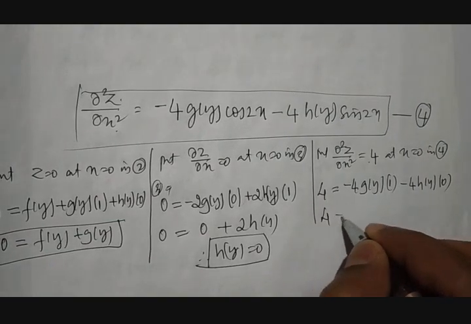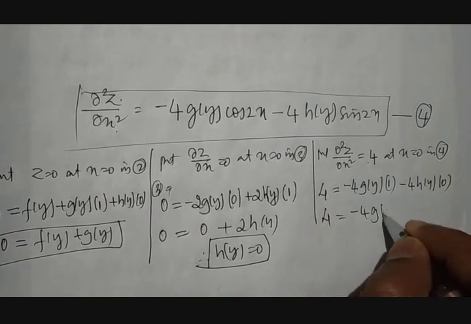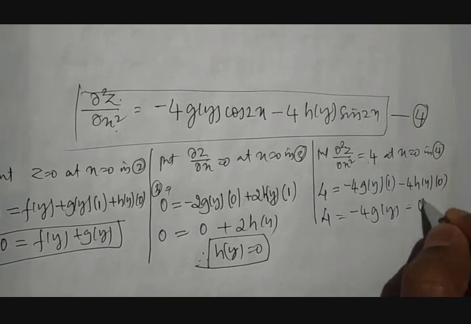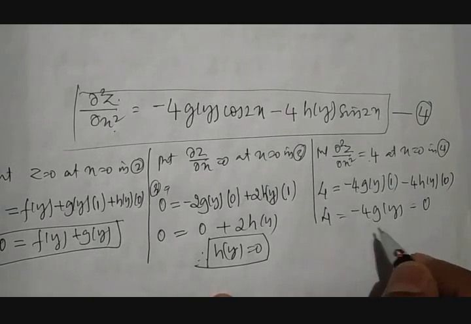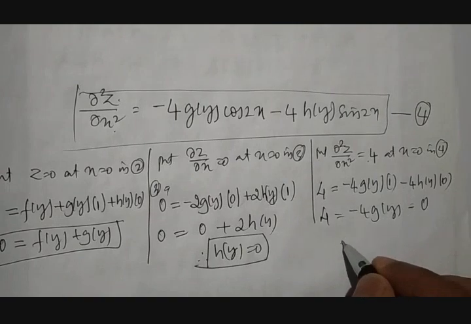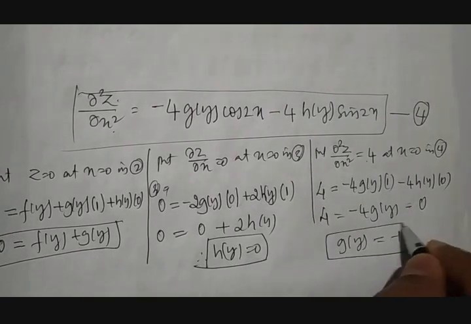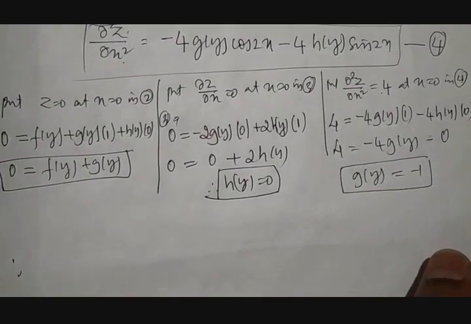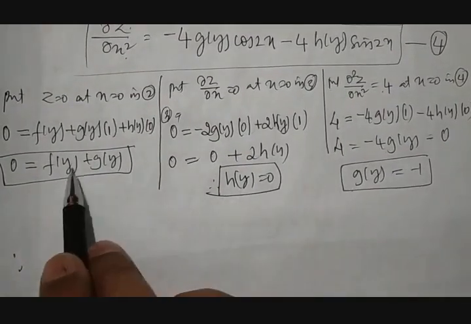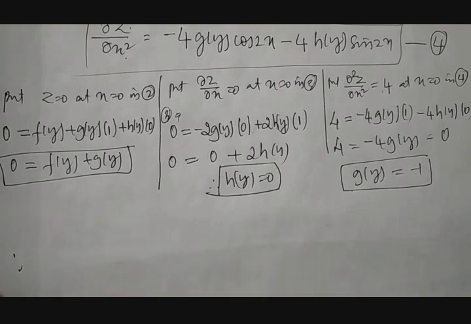Therefore, 4 equal to minus 4 g(y), so 4 on both sides gets cancelled. Therefore, g(y) is equal to minus 1. Two clear results we got and one combined result.